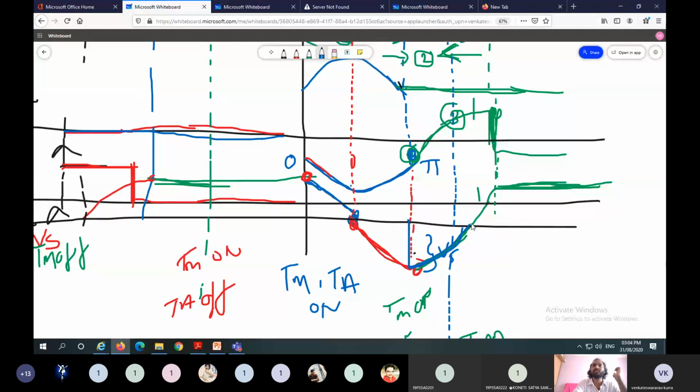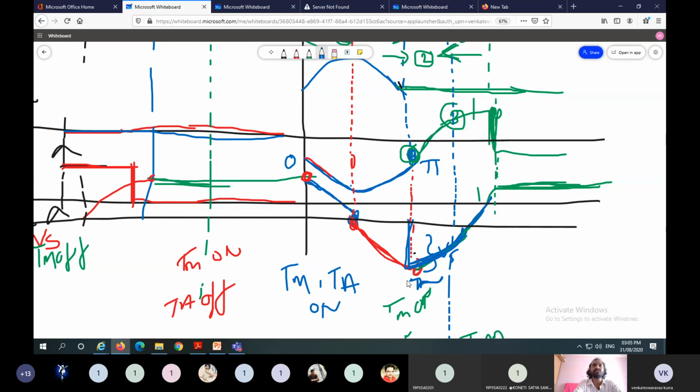After this point, the voltage is positive. So we need not consider circuit turn off time in this time period. We need to consider circuit turn off time only in this time period, because only in this time period the device is in off state with negative voltage across the device. So we need to calculate this time period.